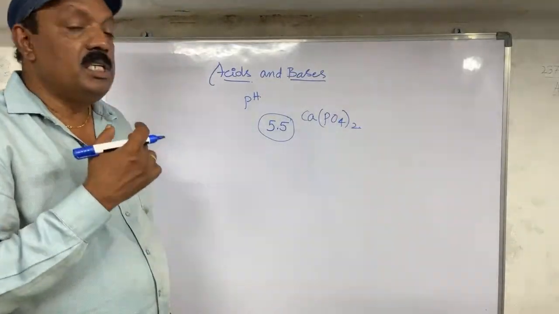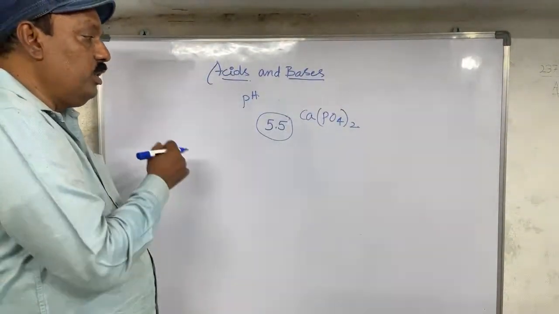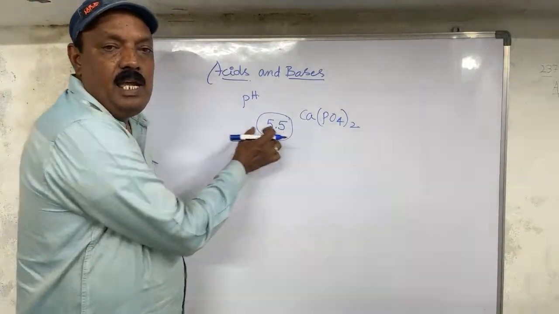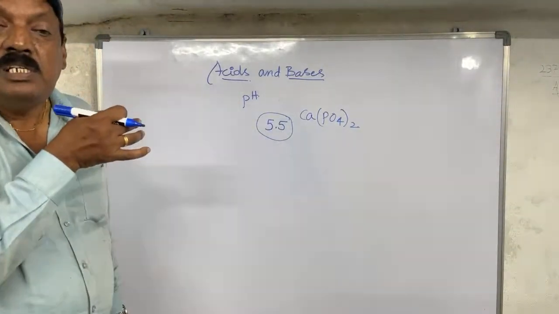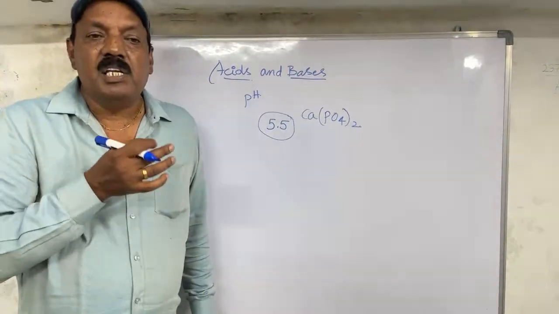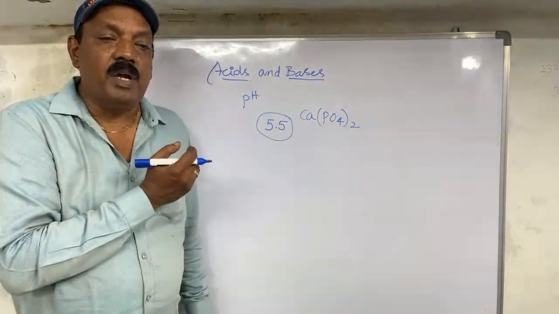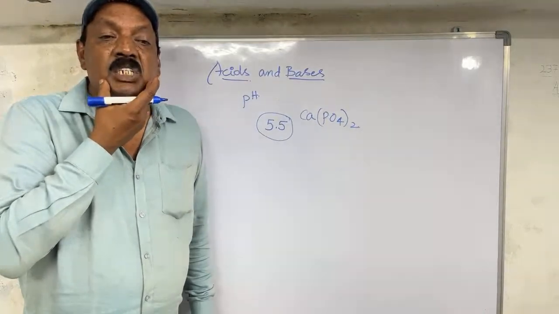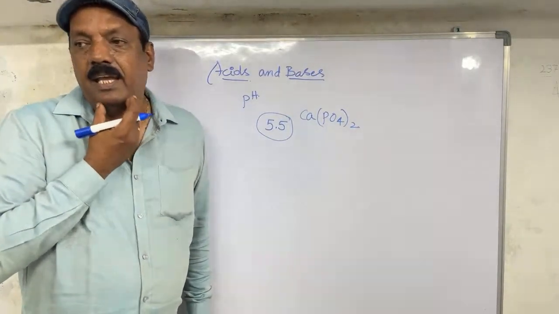So the tooth is very important, and it is going to be spoiled if the pH value is less than 5.5. You shouldn't give chances in our mouth for the pH value to be less than 5.5. And whenever the pH value reaches 5.5, the tooth pain starts. That is called tooth decay.